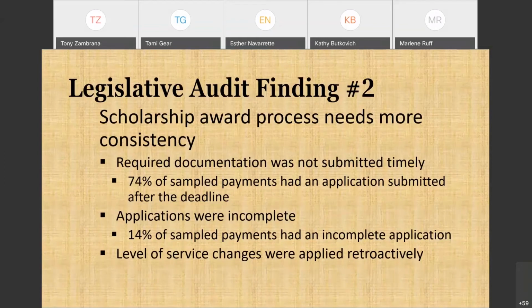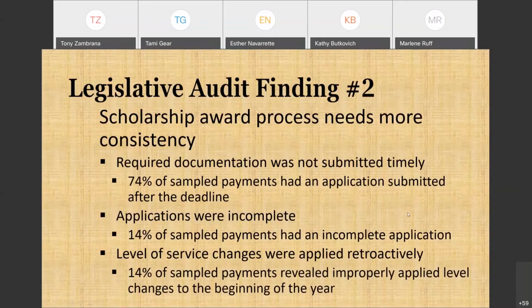So just because during quarter 2 you say, hey, we've decided now that their services are greater, they need to be a level 2, that should not go back retroactively to the beginning of quarter 1. So 14% of sample payments revealed improperly applied level changes to the beginning of the year. So if you decide that they later on need to be a level 2, it does not go back retroactively.